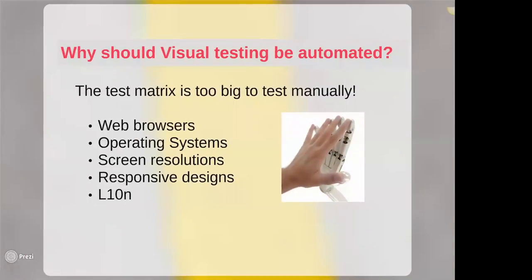Why should visual testing be automated? The test matrix is too big to test manually. We have lots of web browsers, operating systems, screen resolutions, responsive designs, and IoT, which we don't have here. The test matrix is really huge to be able to test everything manually.